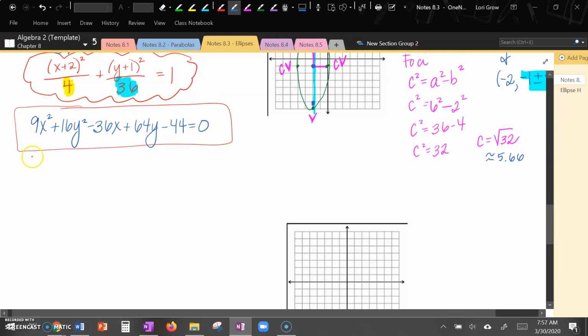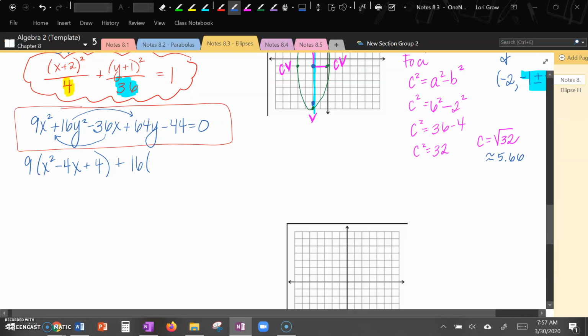All right, another problem. Okay, next example. I'm going to take out a 9. And I'm going to take out a 16. Now notice I kind of rearranged this equation in my mind so that the x's were together and the y's were together.